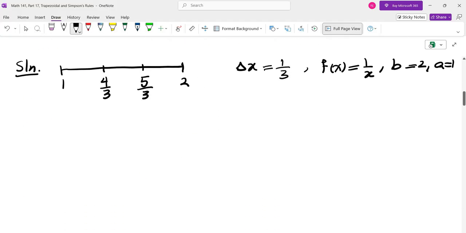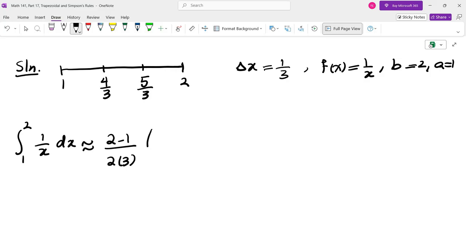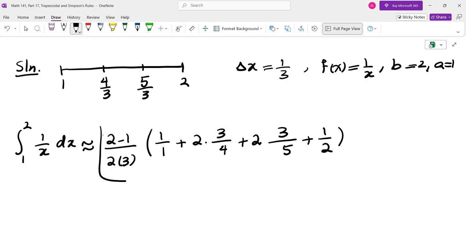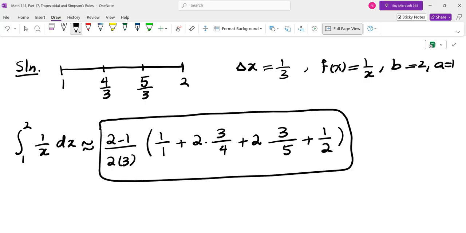So the integral from 1 to 2 of 1 over x dx is approximately (b minus a) over 2n times f of x0, which is 1 over 1, plus 2 times the next one, which is 3/4 because it's 1 over 4/3, plus 2 times the next one, which is 3/5, and then plus the last one, which is 1 over 2. So this would be an approximation for the area underneath the graph of 1 over x from 1 to 2.